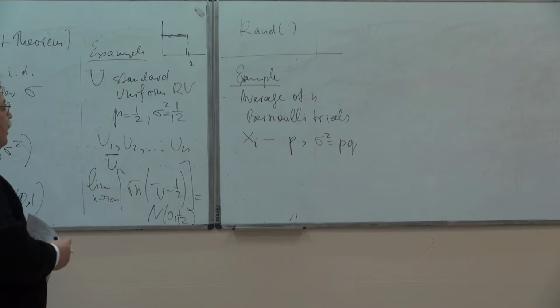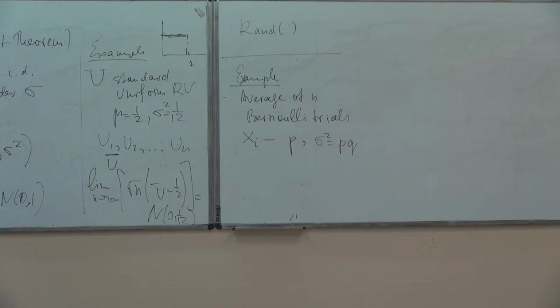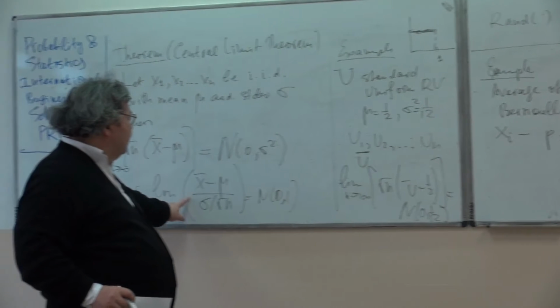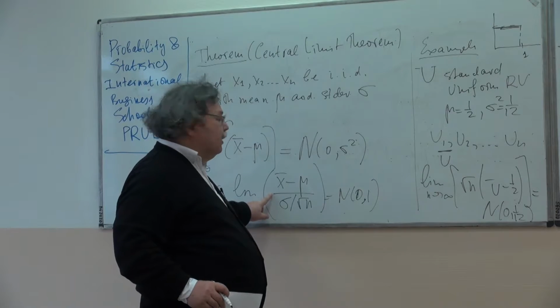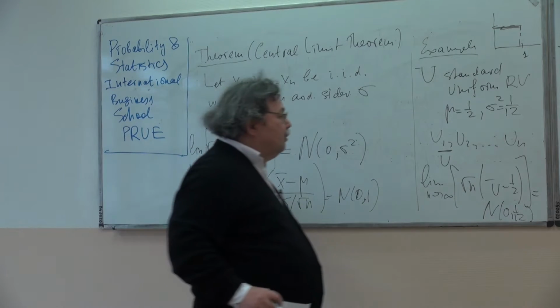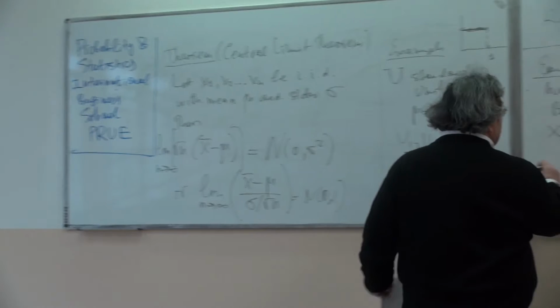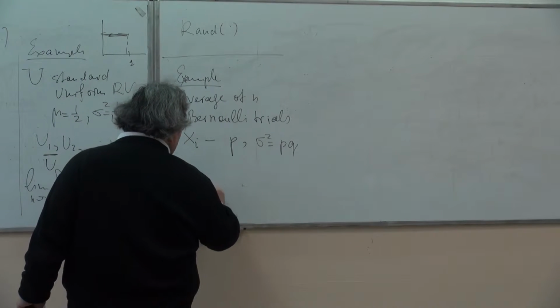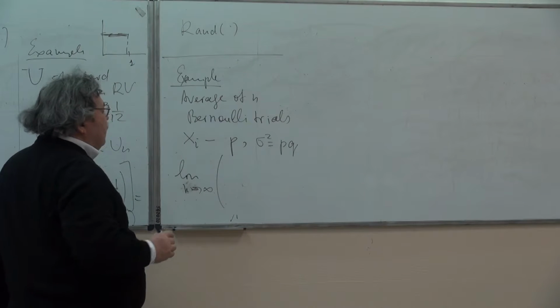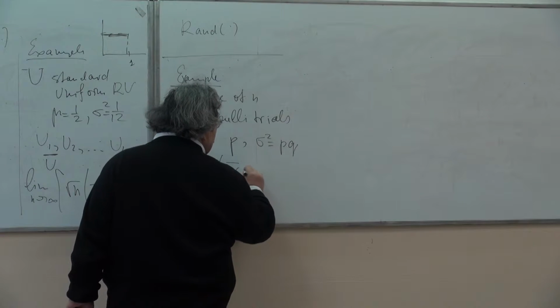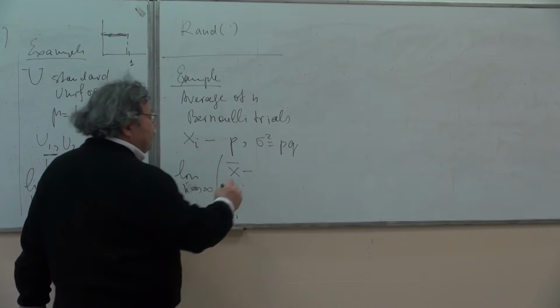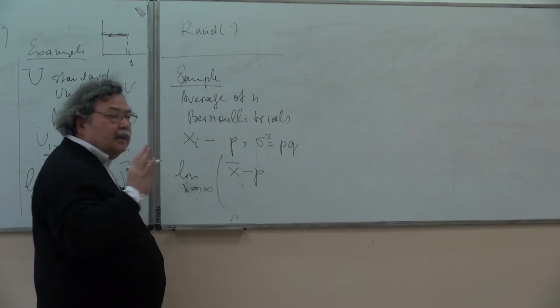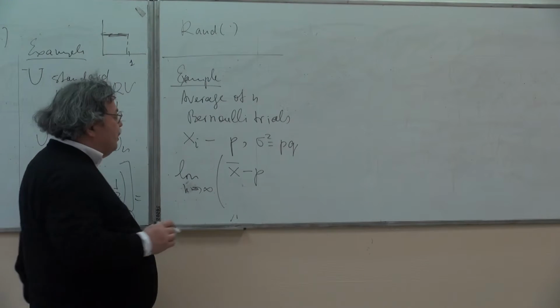All right, let's just, for the sake of difference, take this other formulation here. The limit as n approaches infinity, and here we write this, x bar minus mu, which is p. P is, again, the probability of success on an individual trial.